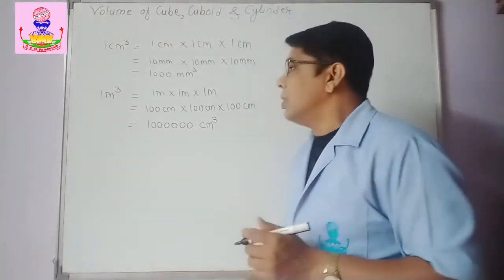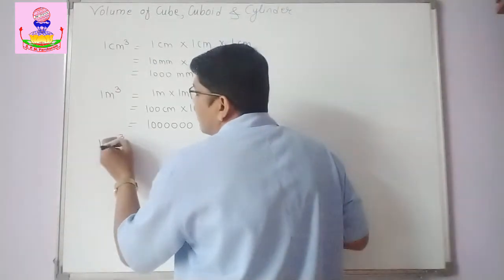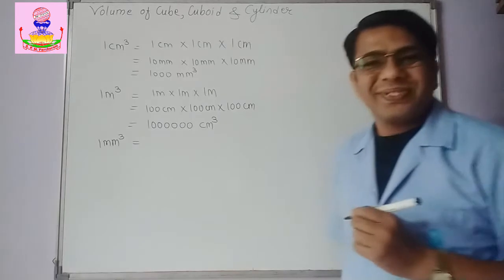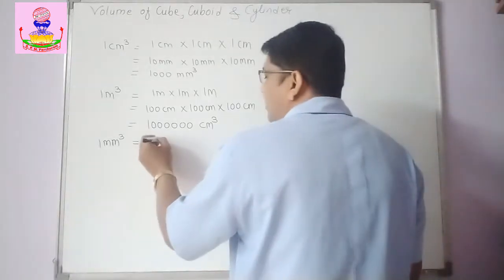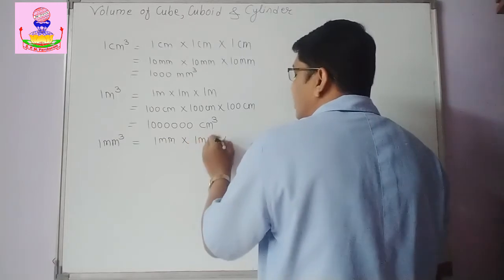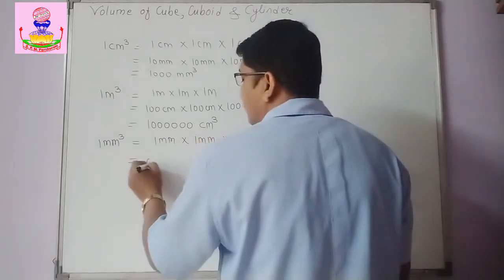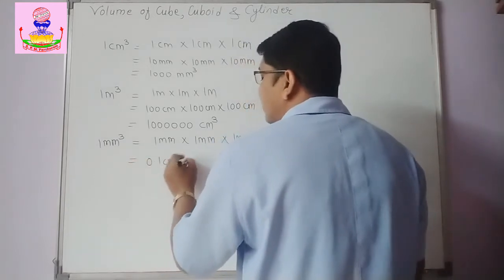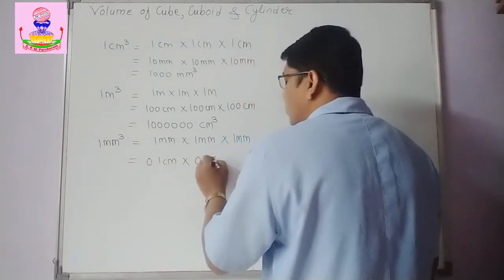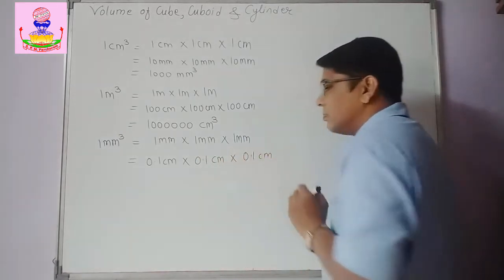Okay, or 1 millimeter cube is equal to, we use this unit also. Means what? 1 millimeter into 1 millimeter into 1 millimeter. Now 1 millimeter is equal to how many centimeters? 0.1 centimeter into 0.1 centimeter into 0.1 centimeter.